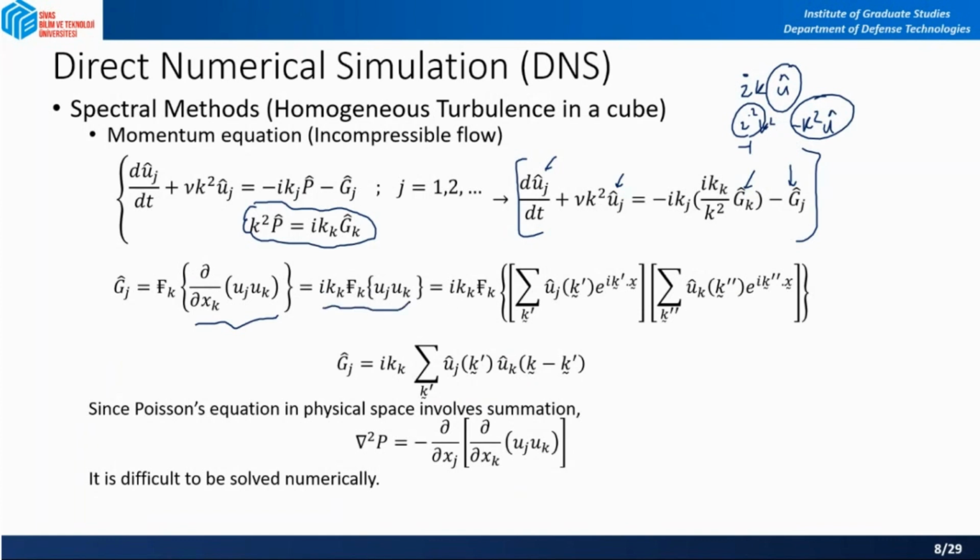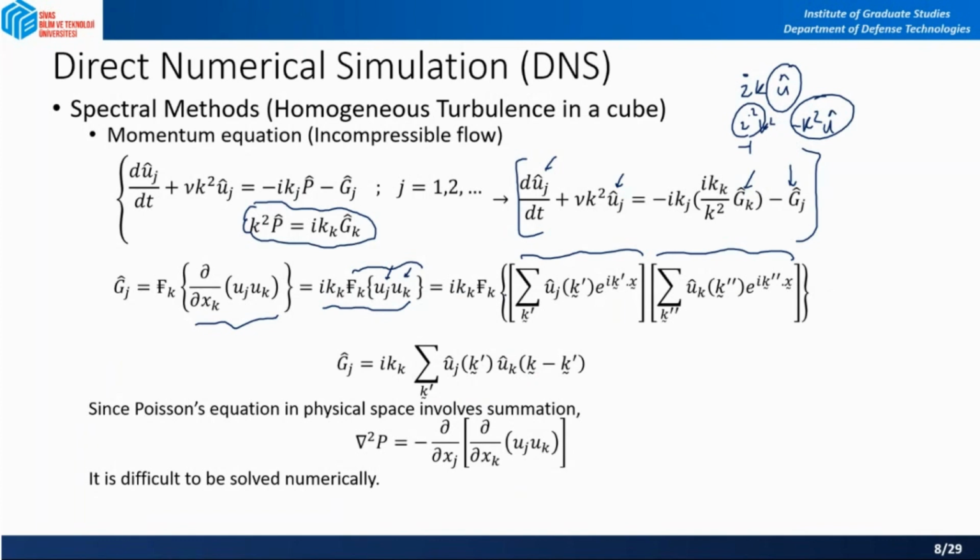Instead of the multiplication of two physical velocities, uj uk, you can use their Fourier series, which are written here.